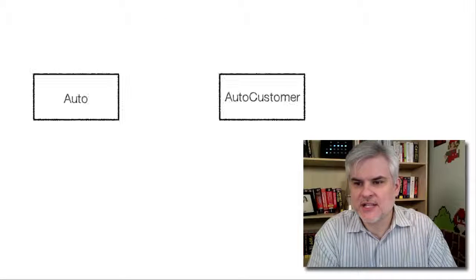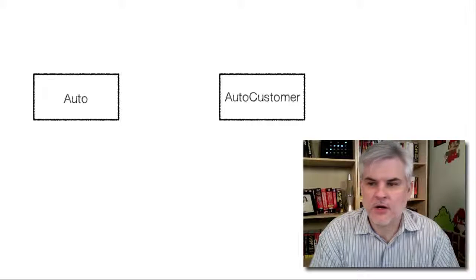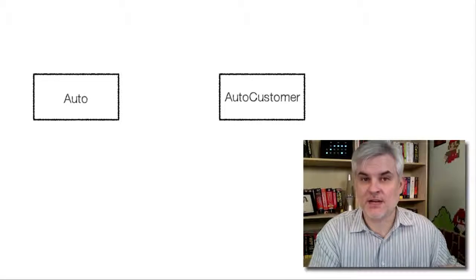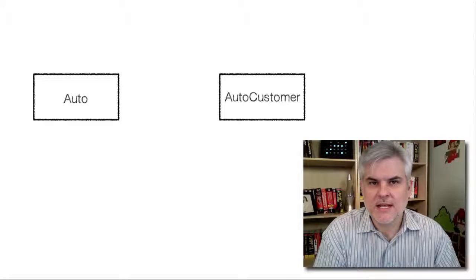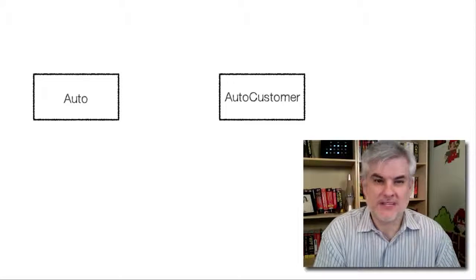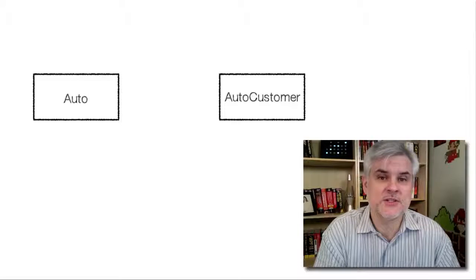Let's take another set of classes here. Remember the relationship between auto and auto customer. We said that that was a composite relationship, whereas before, in the previous example, we had an aggregated relationship. In C#, it has a little bit more meaning than in UML. Some will suggest that you don't even need to make a differentiation between aggregation and composition as far as UML is concerned.